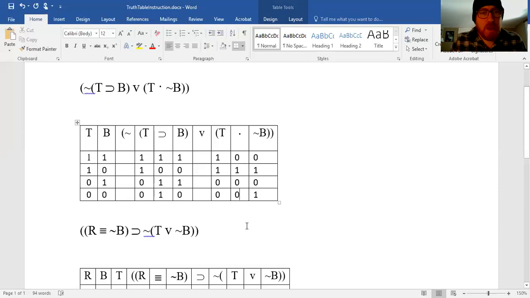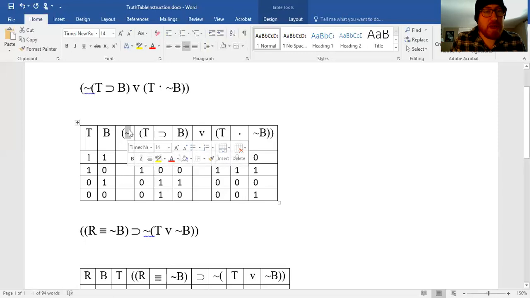Now, step 4, we've got tildes immediately preceding parentheses. So we've got a tilde over here, and what is this tilde actually negating? This tilde is negating this horseshoe. So whatever the value of the horseshoe is, the value of the tilde is going to be the opposite.